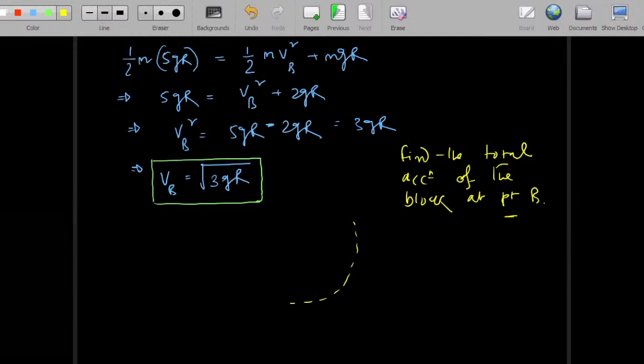This is the track. Here is point B and this is the center of the circle, right? This is radius r. Towards the center, centripetal acceleration will act, right? And in the downward direction g will act. So this is the direction in which net acceleration will act.